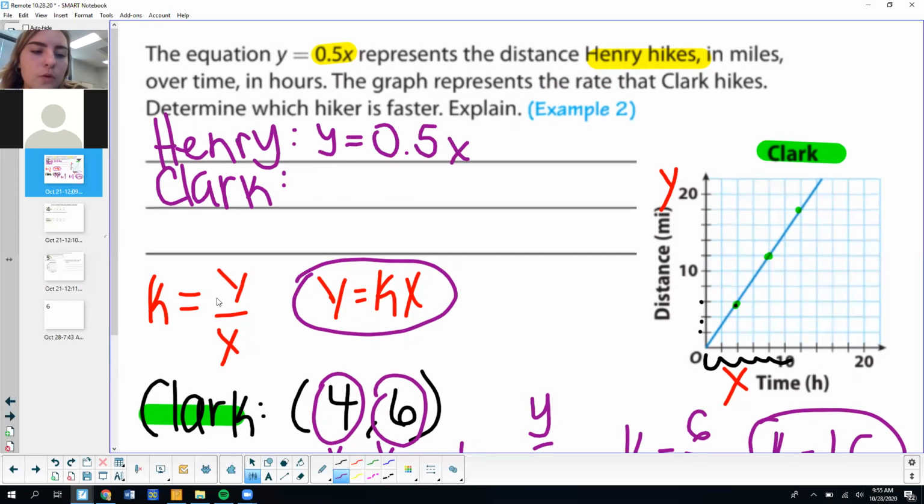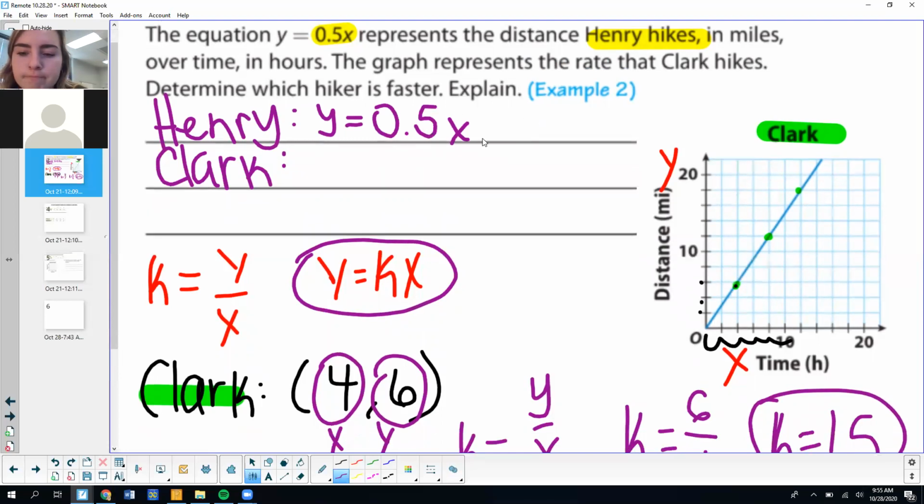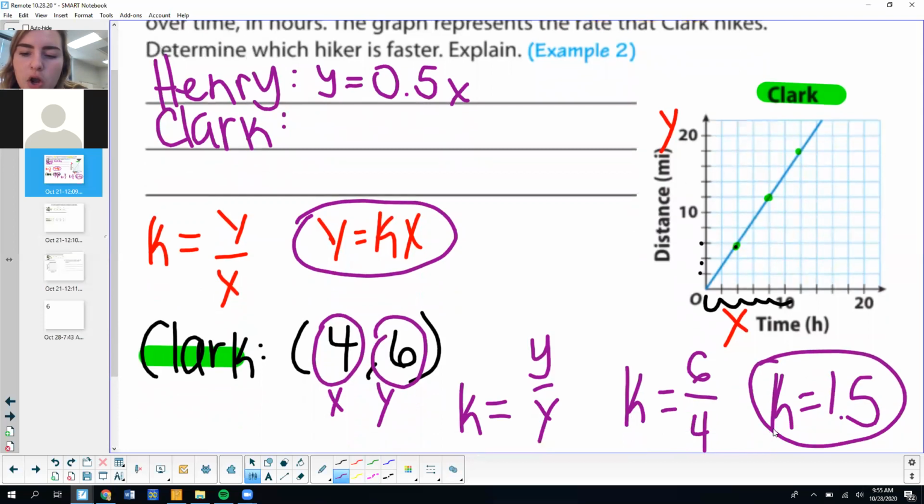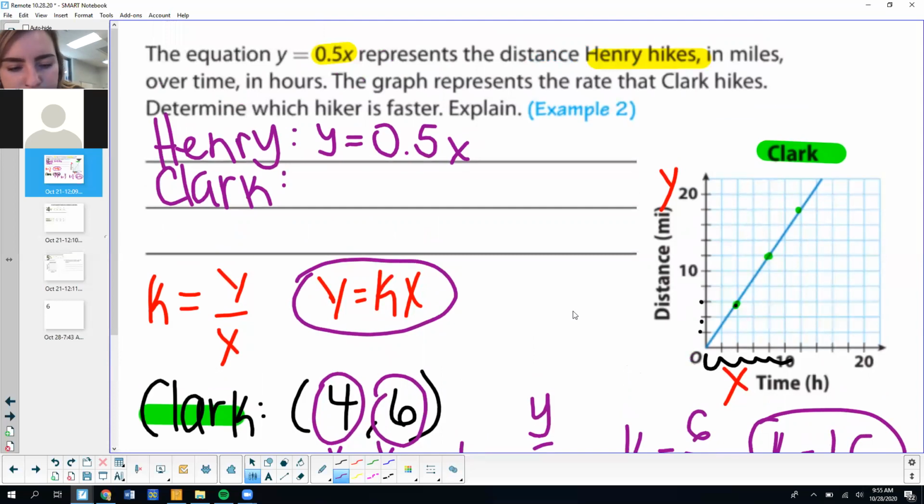Remember that 0.5 is representing the constant of proportionality, so his speed is 0.5 miles per hour, basically. And our k, or constant of proportionality, for Clark is 1.5. So to use this formula, we're setting it up again: y equals 1.5 for that k, and then we've got x.